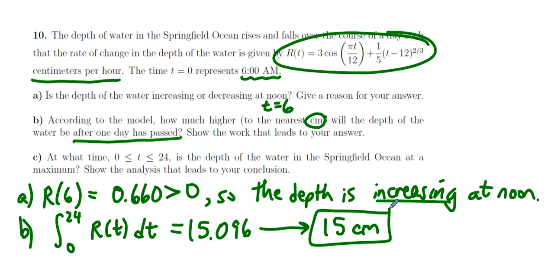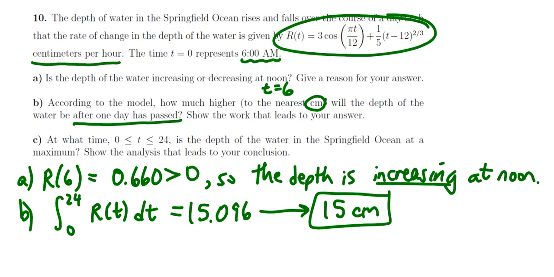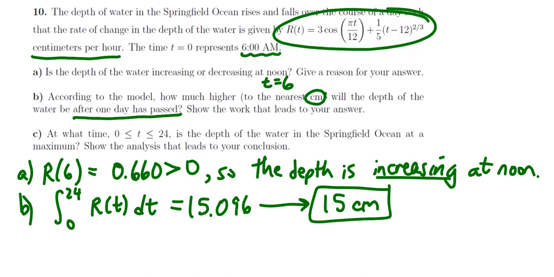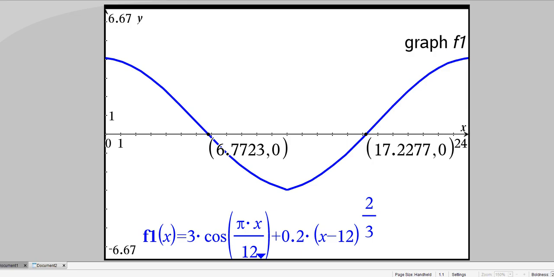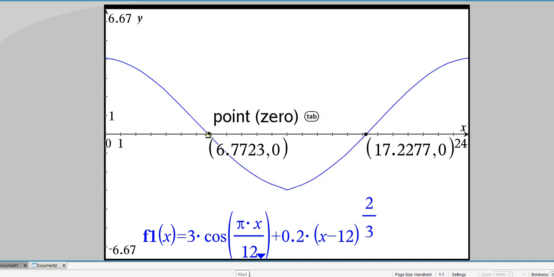So then the question is, at what time is the depth of the water at a maximum? Let's take a look at the graph again. The depth of the water is increasing. The depth of the water is decreasing. The depth of the water is increasing.